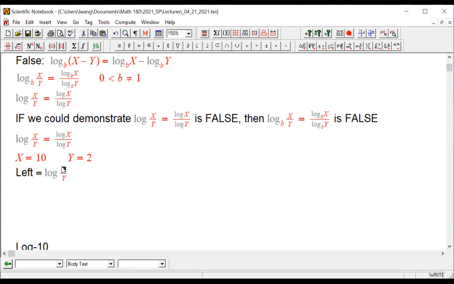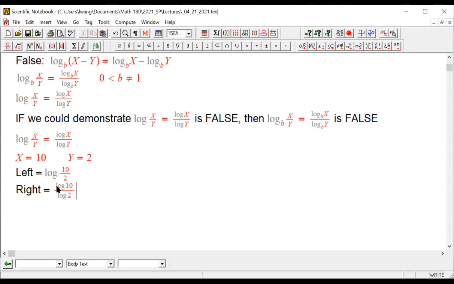ten divided by 2. You see, at the heart of this mistake is the order of operations. And the right-hand side is log 10, and this is log 2. On the left-hand side, you have to do the quotient first, and then apply the logarithm.